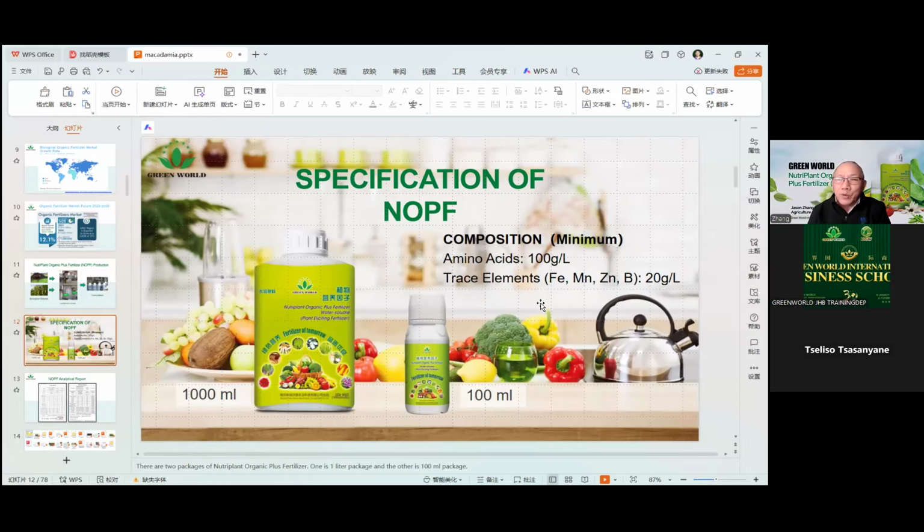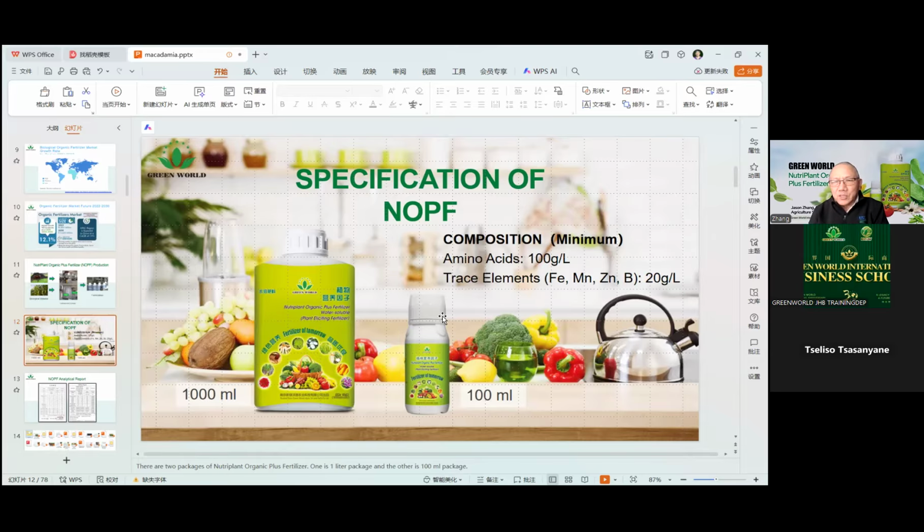But because it's all natural, we know as long as you have more than 10% amino acids, that's a good deal for you. If it's more, it'll be better. And it also has some trace elements. They are all very important. This one I have shown you for a while.